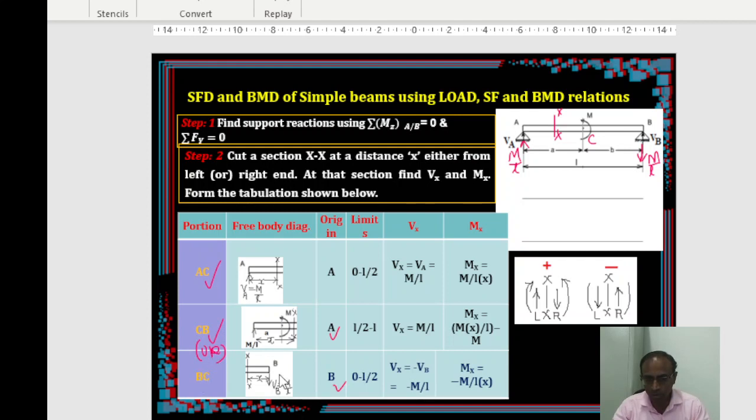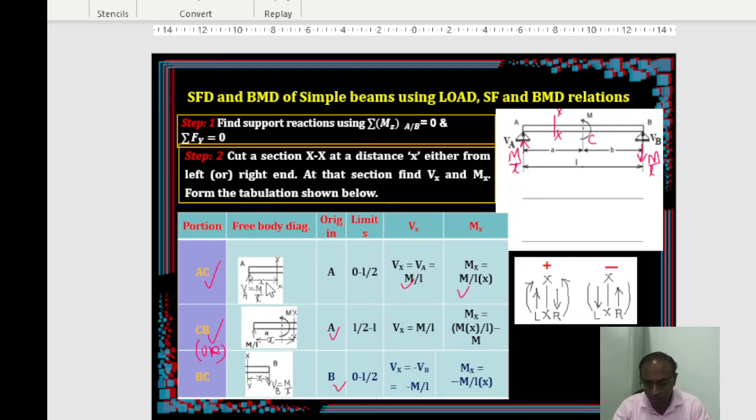Alright, so first of all, after cutting the section, you draw the free body diagram of that. So this is the free body diagram. In this free body diagram, you can straight away mark what is Vx, what is Mx. Vx is nothing but the algebraic sum of the vertical components to the left of the section, right? Forget about the right part, we don't want it. Once you cut the section, you focus on the left side only.